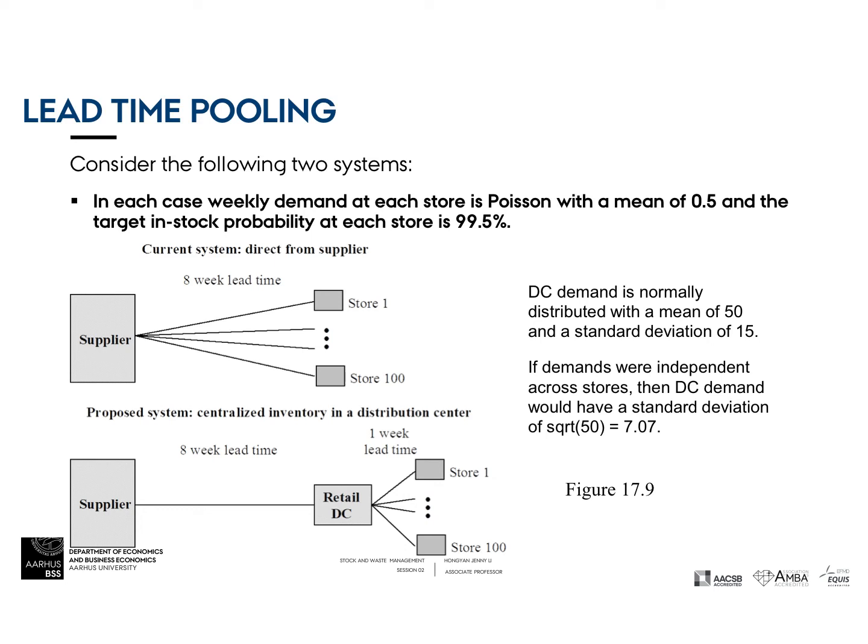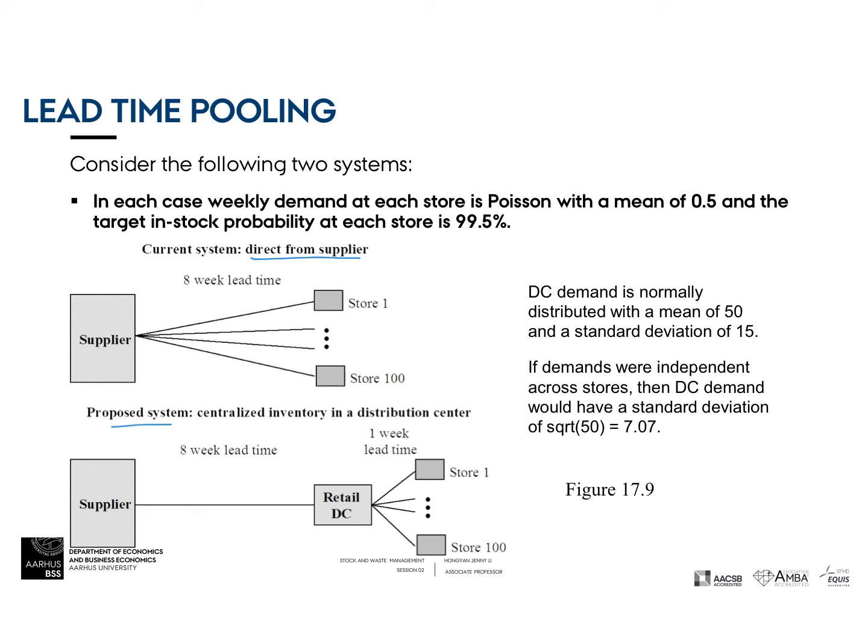Now we consider two systems. In the figure, you can see two supply chain systems. The first, upper system is the current system, direct from supplier, where the supplier delivers items directly to individual stores.